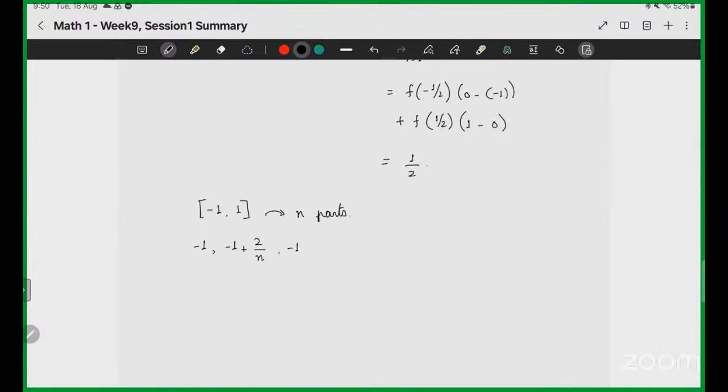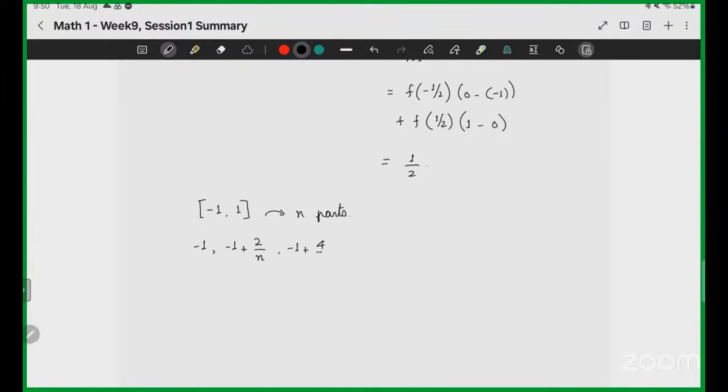And then you have -1 plus... is the length of the interval 2 by n? Not 2 by n. It will be, yeah, this should be fine.